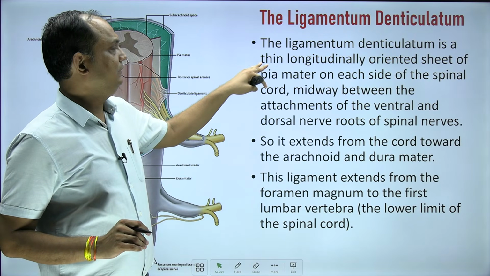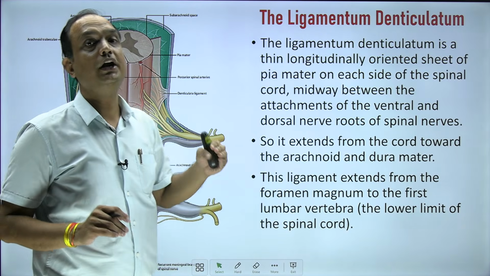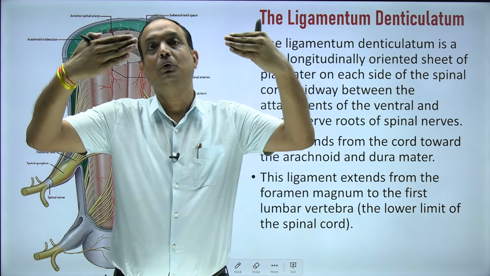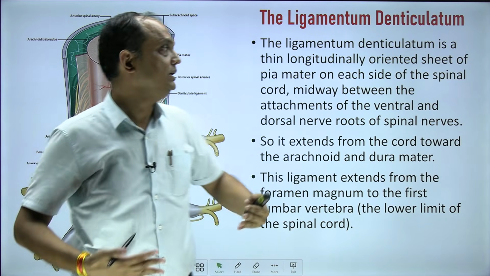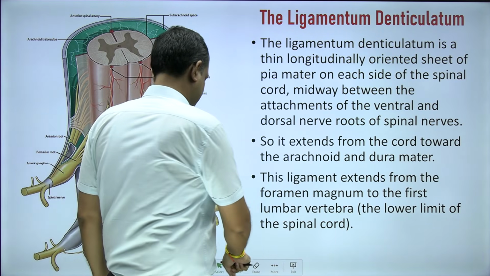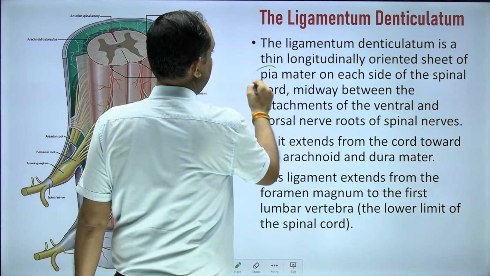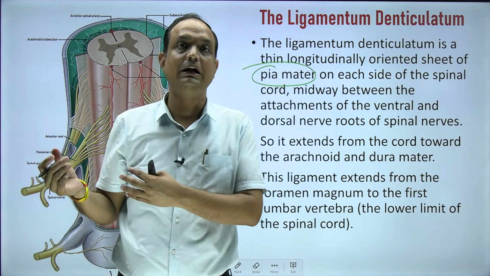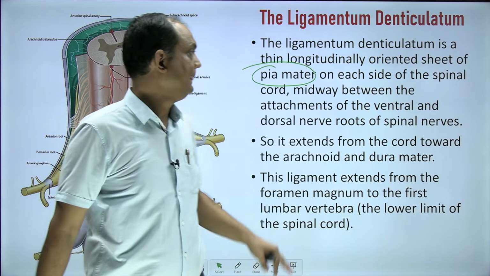Now what is ligamentum denticulatum? The ligamentum denticulatum is a thin, longitudinally oriented sheet. It is not horizontally oriented, they are longitudinally oriented sheets, and these sheets are made up of pia mater on each side of the spinal cord. It is not unilateral, it is a bilateral structure.